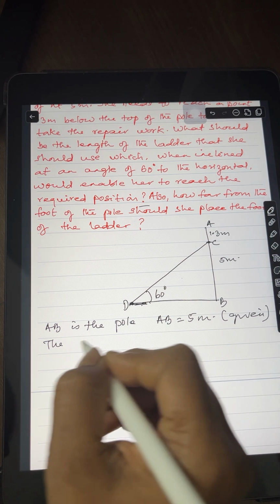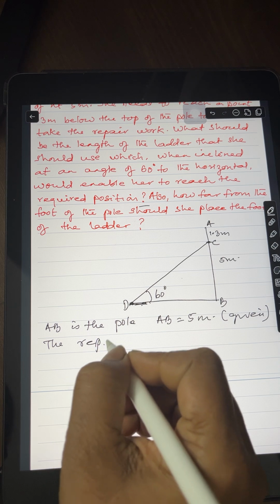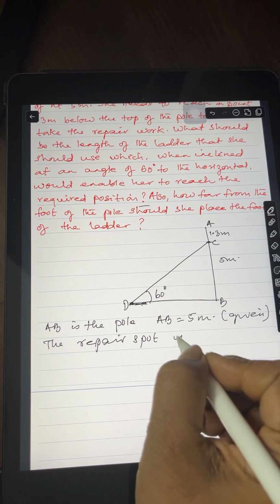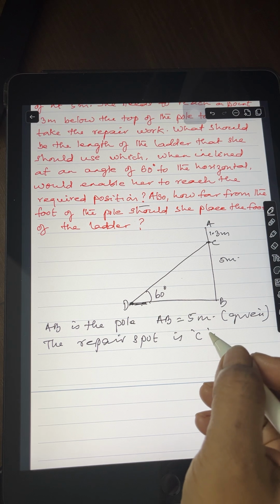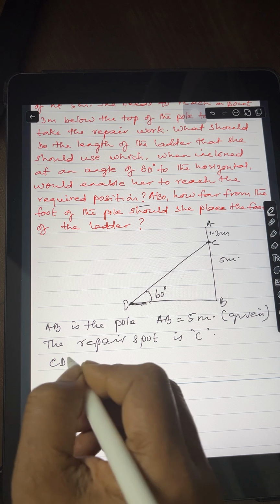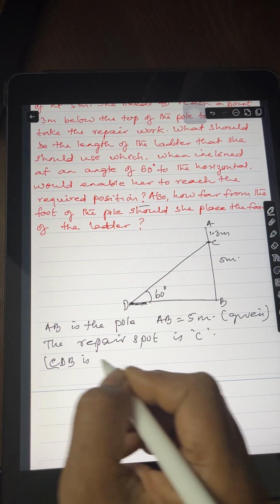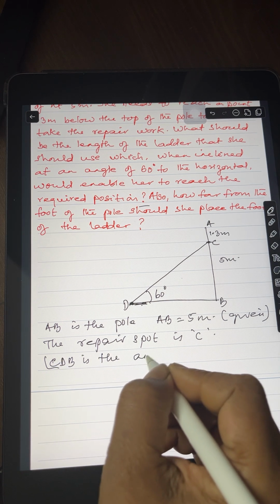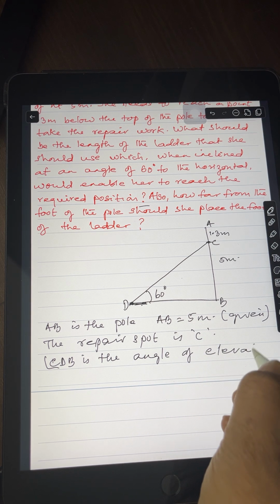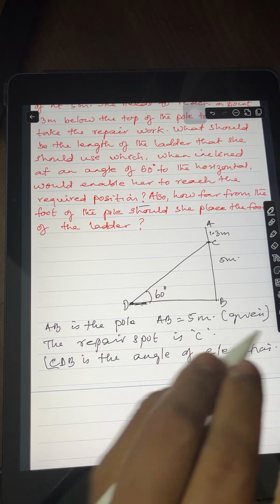The repair spot is C. Then angle of elevation CDB is the angle of elevation. Okay, all this you will have to write.